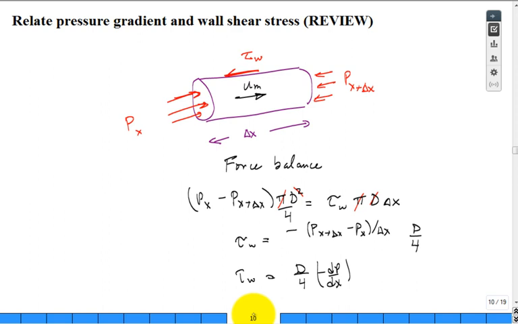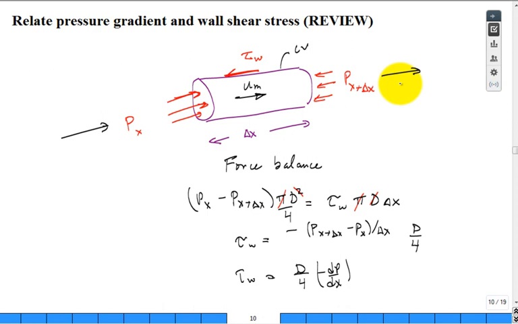Now, we can go back and do a force balance on a control volume around a section of the fluid. The fluid is entering this control volume and exiting it, but the linear momentum flow rate of the fluid is not changing.